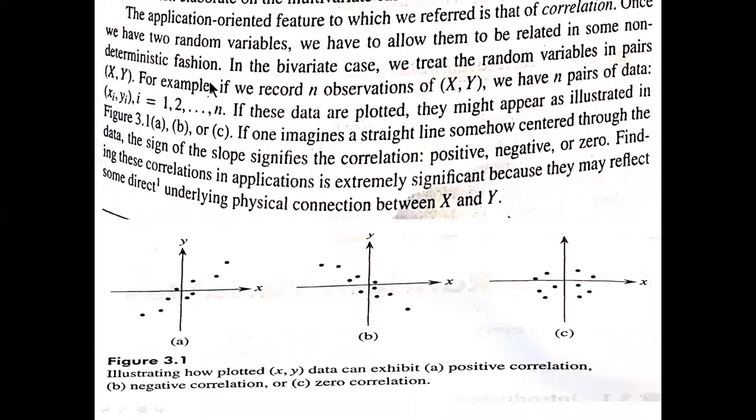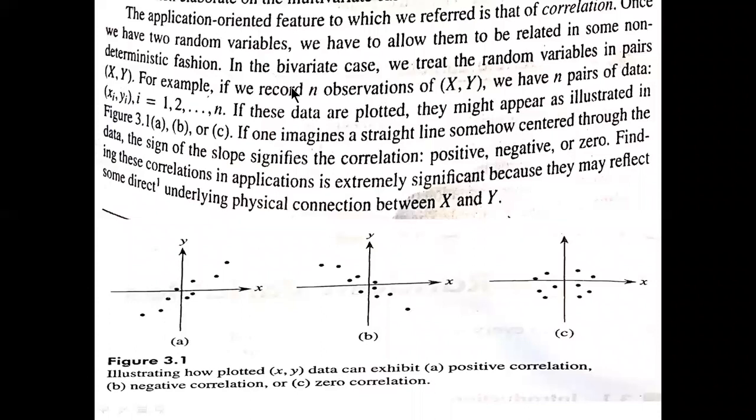The second feature is application oriented. In the application oriented view, what we are more bothered about is the correlation between the two different random variables. This correlation will generally be in a non-deterministic fashion, and when we talk about correlation, it will be in the form of the pair XY.